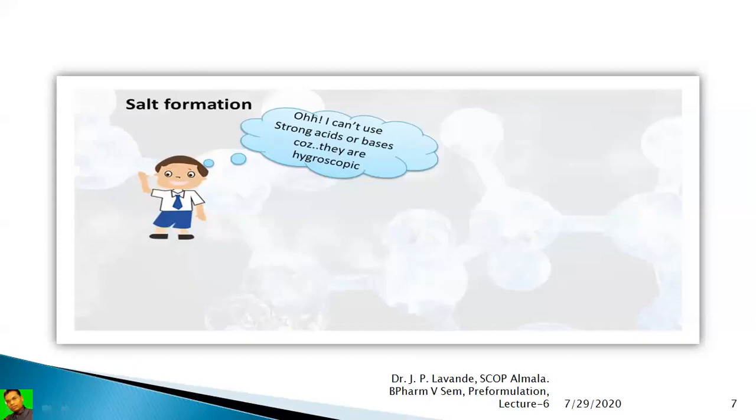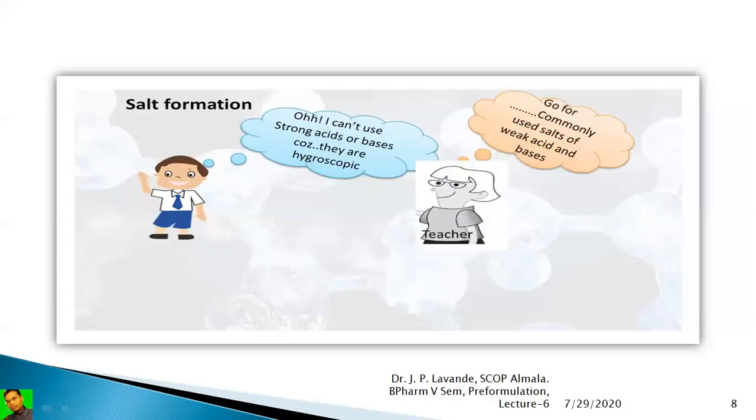For which particular type of drugs is the salt formation advisable? From the last topic, the tabular distribution, we saw that weakly acidic and weakly basic drugs are the targeted drugs which commonly require the formation of the salt.